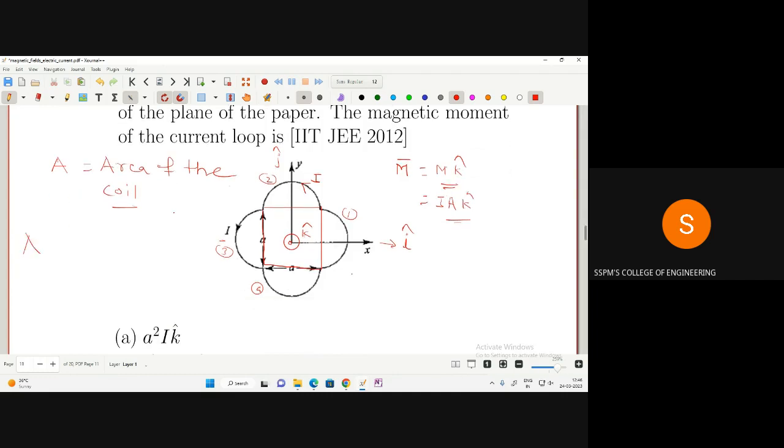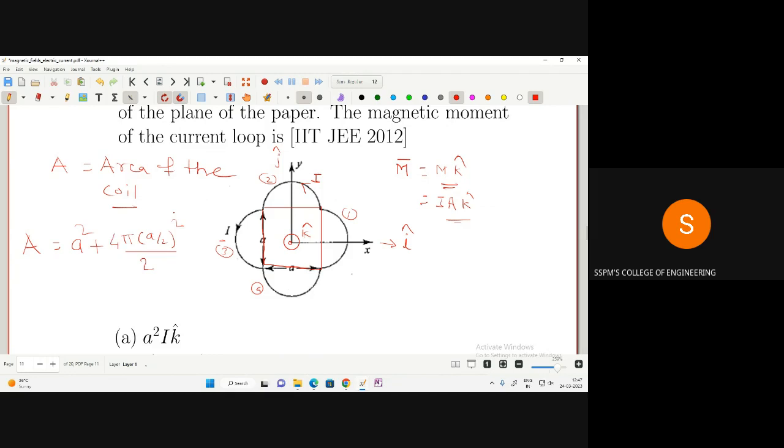Total area is equal to the area of the square, which is a square, plus the area of the semicircle. The area of the semicircle is pi into radius square, where the radius is a/2, so pi (a/2) square, divided by 2, is the area of one semicircle. But how many semicircles are there? 4.